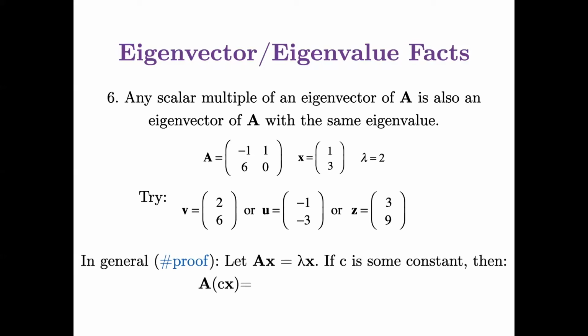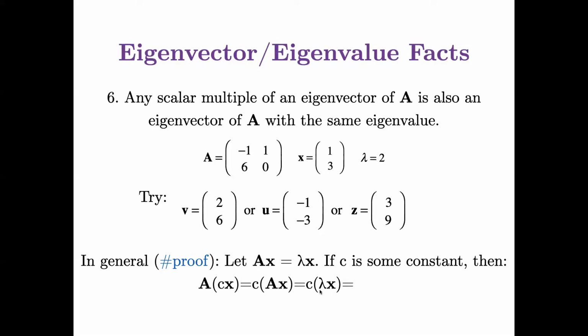If we have Ax = lambda x, which is to say, if x is an eigenvector of A with eigenvalue lambda, and c is some constant, then if I multiply A by c times x, that means if I take a scalar multiple of x and multiply it by A, well, since c is just a scalar constant, I can bring it outside of the parentheses, and of course, Ax is equal to lambda x.